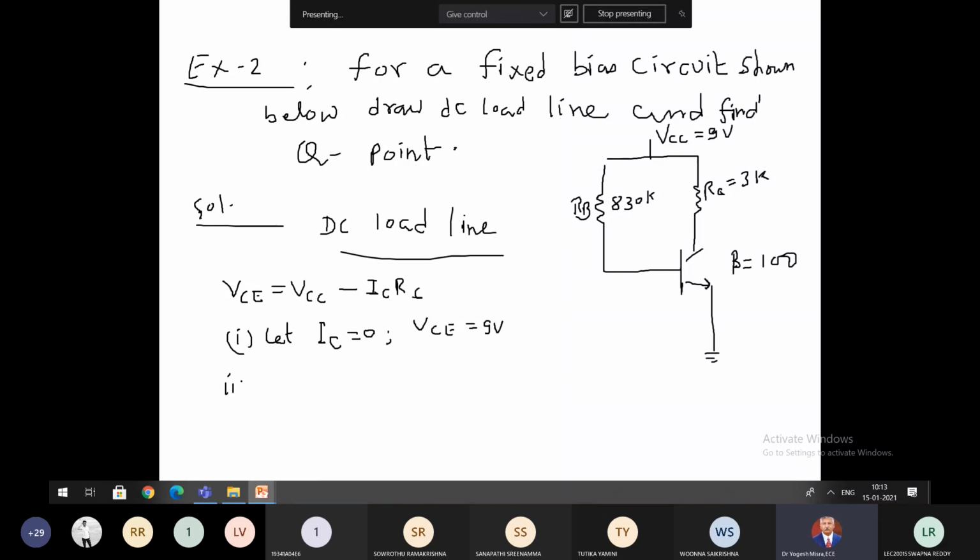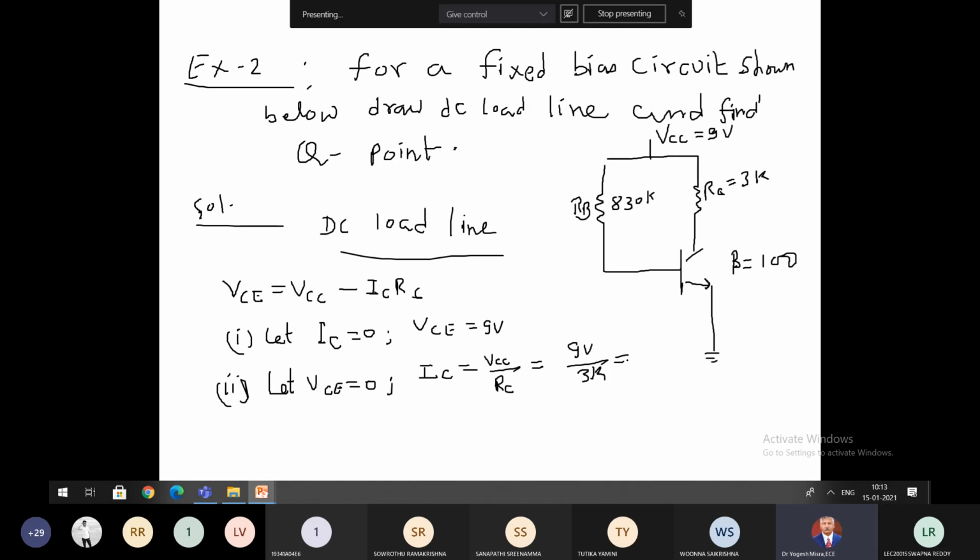Next case, what we will do? Let VCE is 0. So we will get the value of IC. IC is equal to VCC divided by RC, and this will be VCC is 9 volt, RC is 3K.